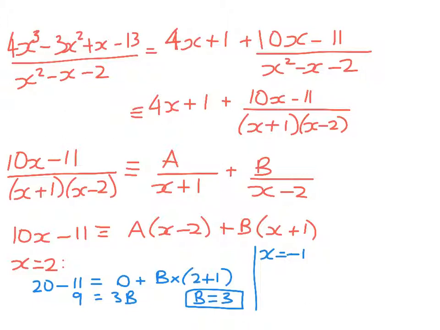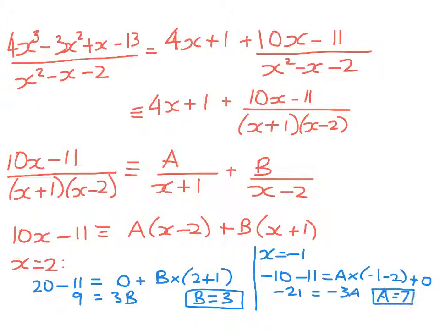On the left hand side we get negative 10 minus 11 equals a times negative 1 minus 2 plus 0. Negative 21 is equal to negative 3a, a equals 7. Right, I'm just going to finish off on the next slide to write it out properly.